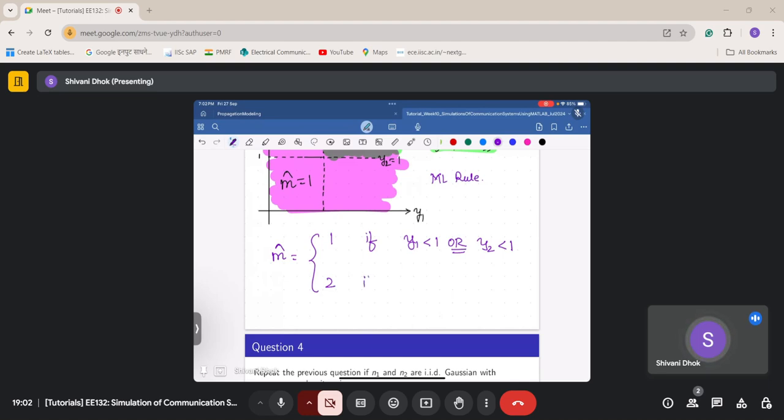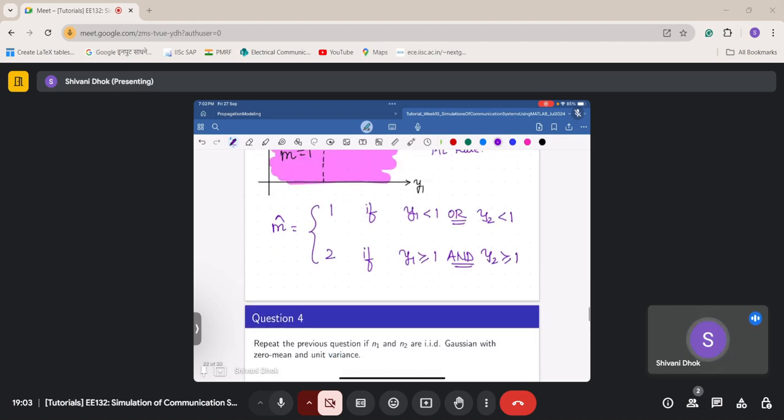It is equal to 2 if y1 greater than or equal to 1 and y2 greater than or equal to 1. So this is your ML rule. If there are any questions, let me know. Otherwise, I'll move on to the next question.